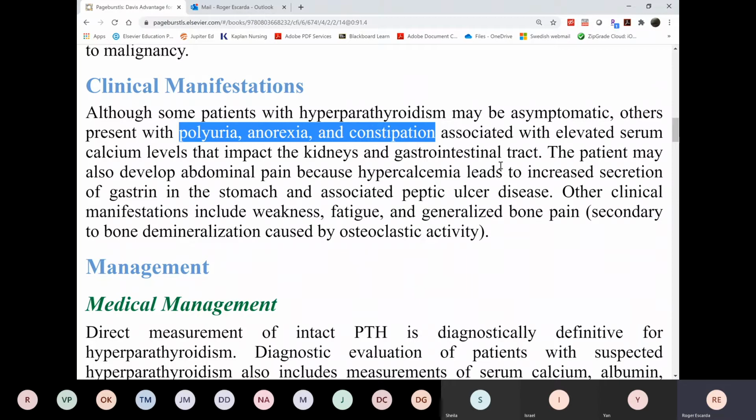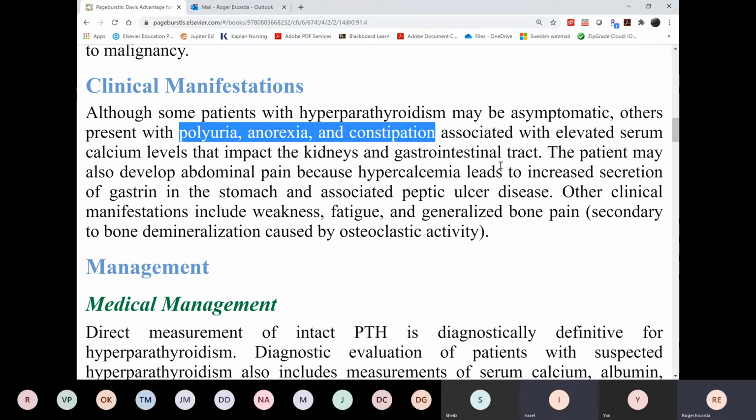So how it works is you give lots of fluid, PO or IV first, especially if the serum calcium levels are so high, like 15 or higher. So that's severe hypercalcemia already. The patient may go into cardiac arrest, or other cardiac dysrhythmias may develop from the severe hypercalcemia.